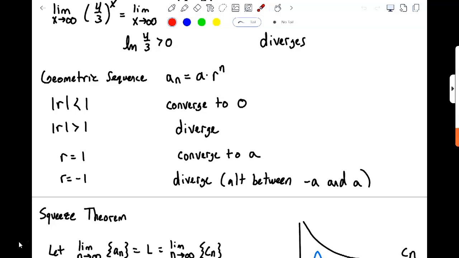Basically there are 4 cases. If the absolute value of r is less than 1, it's going to converge to 0. If the absolute value is greater than 1, it's going to diverge. If r is equal to 1, then r to the n is going to go to 1. And if r equals negative 1, it's going to alternate, so it's going to diverge.